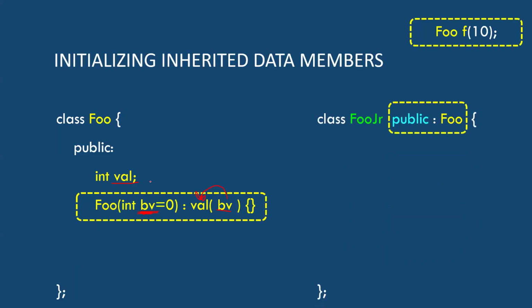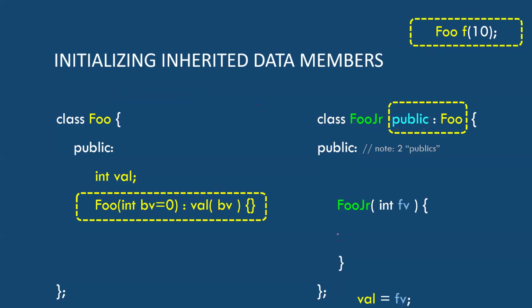Now, if FooJunior is going to derive from this, how do I control the val through the FooJunior constructor? Again, notice there's a public up here that says how do I derive from this Foo, right? And then there's the public down here to talk about the things that are part of FooJunior, okay?